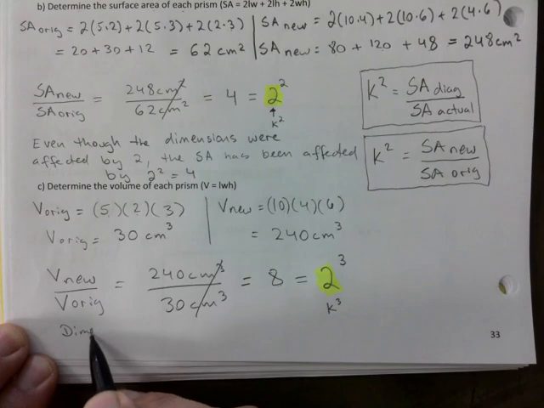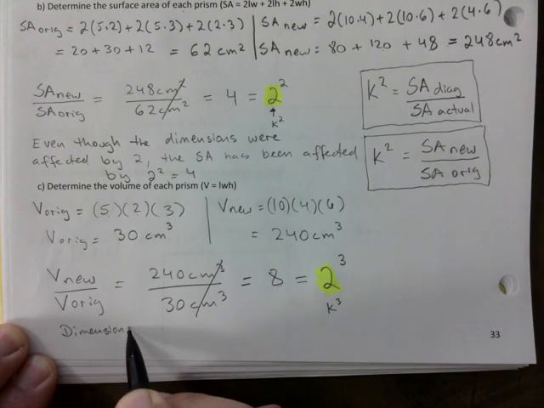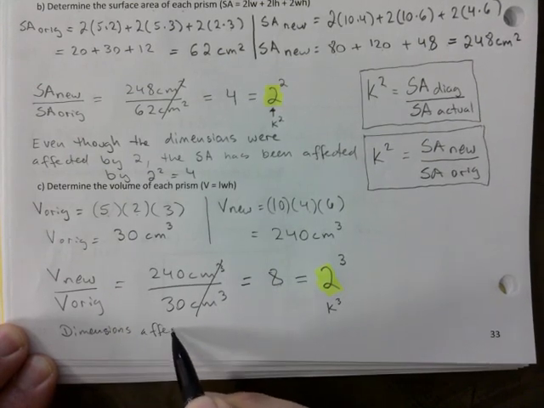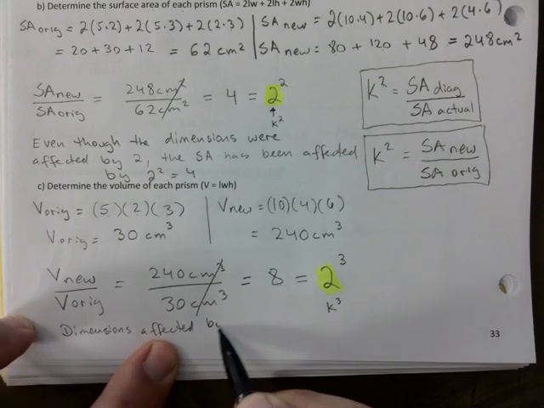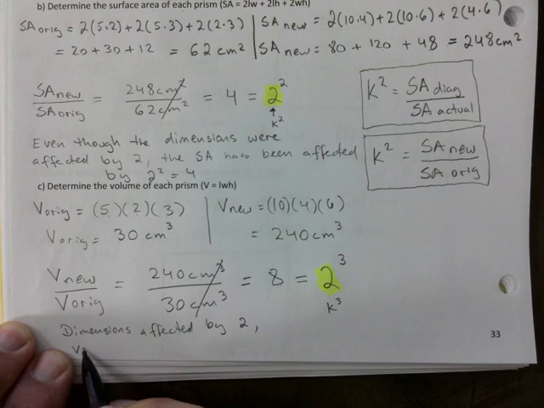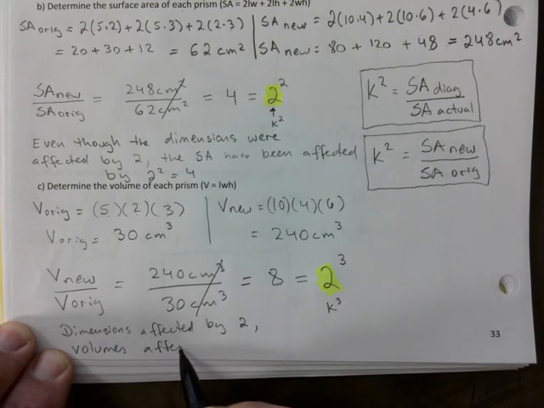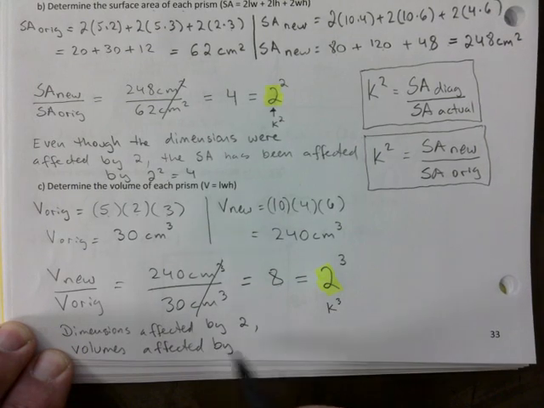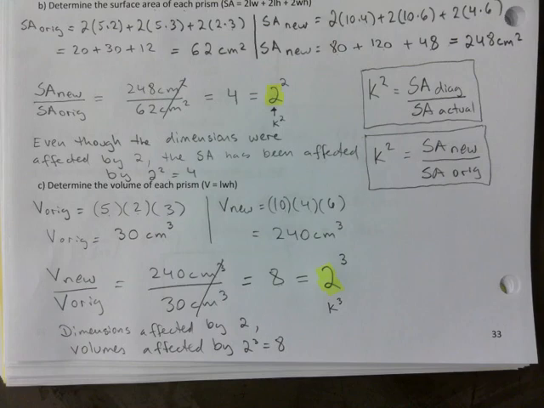Dimensions affected by 2, right, comma, volumes affected by 2 cubed, which is 8. That's how it goes.